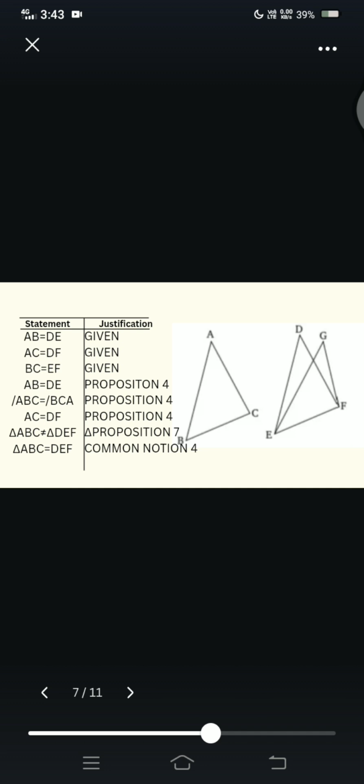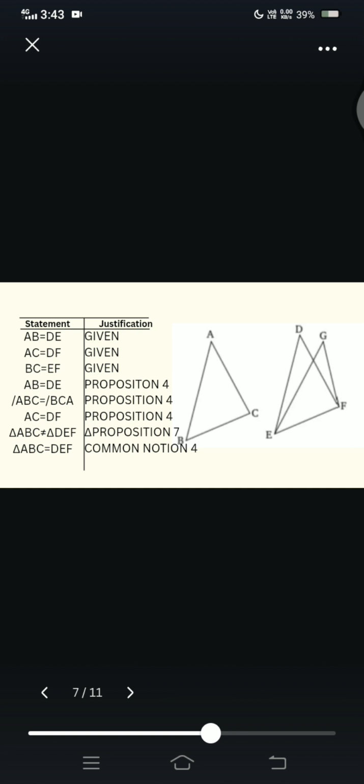So according to proposition 4, if two triangles have two sides equal, so yun nga yung ating side AB and side DE and side AC and side DF natin is equal to the two sides of the other triangle, and the included angles are equal.